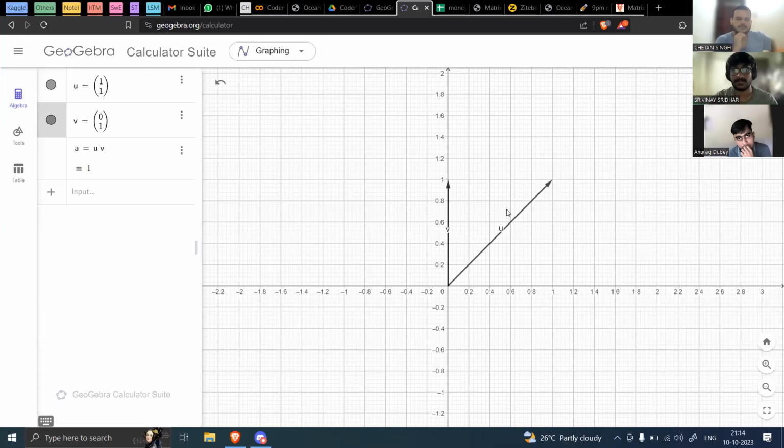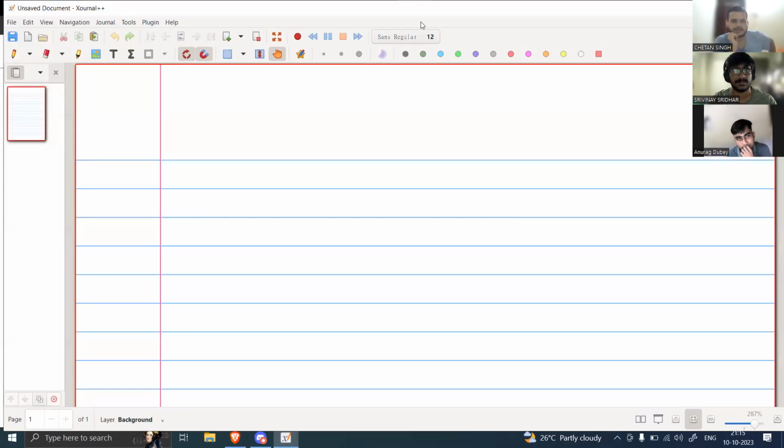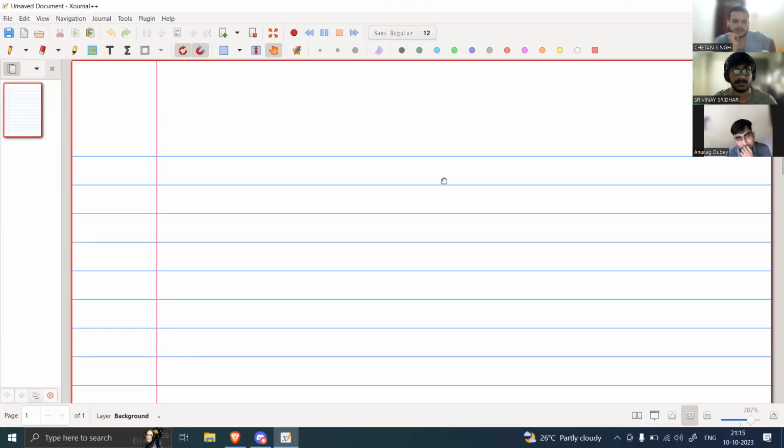So the dot product is the measure of alignment between two vectors. It tells you how much aligned they are. Don't mind me if I'm not looking at the screen.